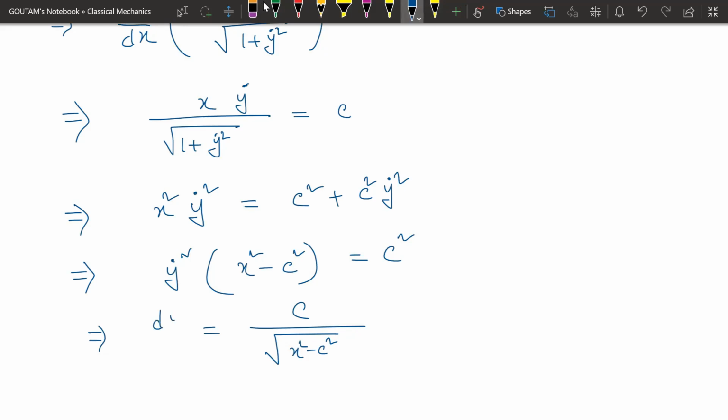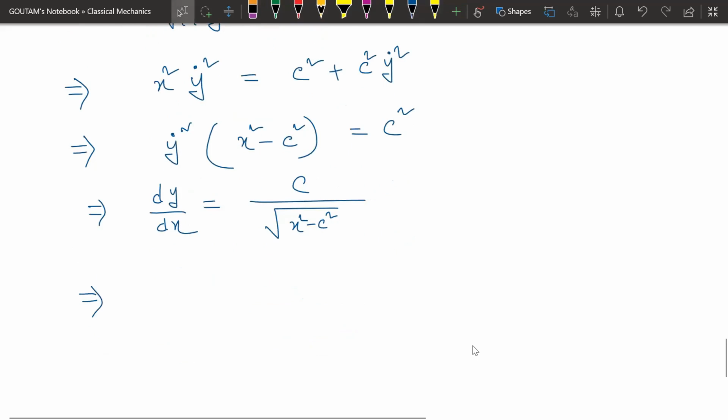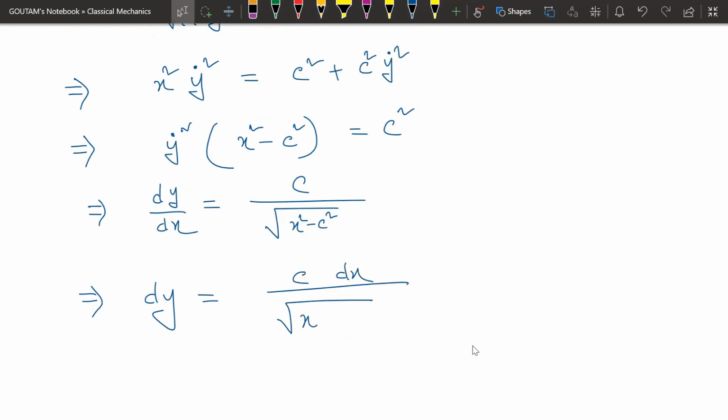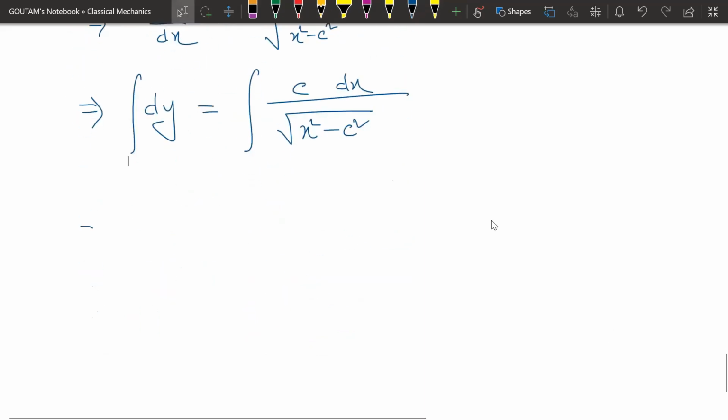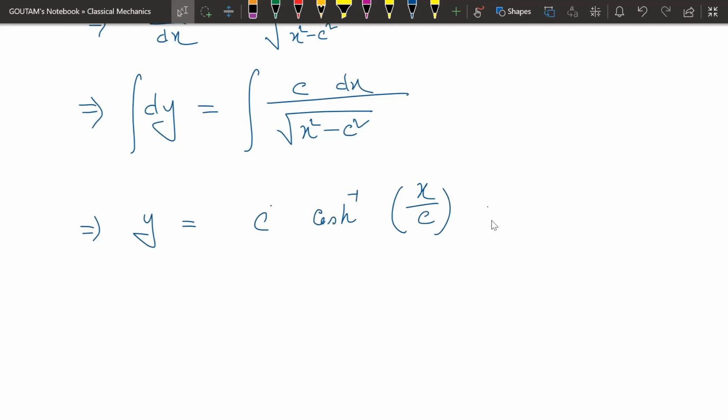So y dot means dy/dx. So in that case, if we put the dx on the right side, it will be c dx by root under x square minus c square. And if we integrate, then we will get y equal to c cos hyperbolic inverse x by c plus some constant, let's say b.